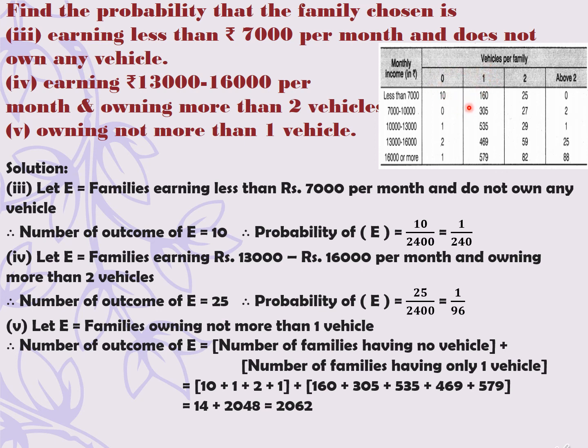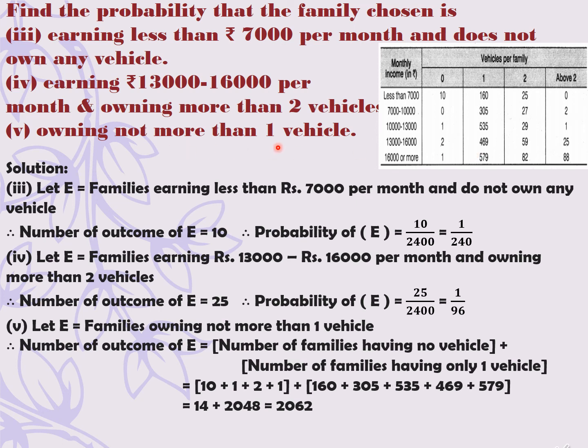Therefore, we can say that all the families under this column are applicable. Also, the families under this column are also applicable, because these families do not have any cars and these families have 1 car exactly. But these values are not more than 1. That means not more than 1 is neither 2 nor more than 2.